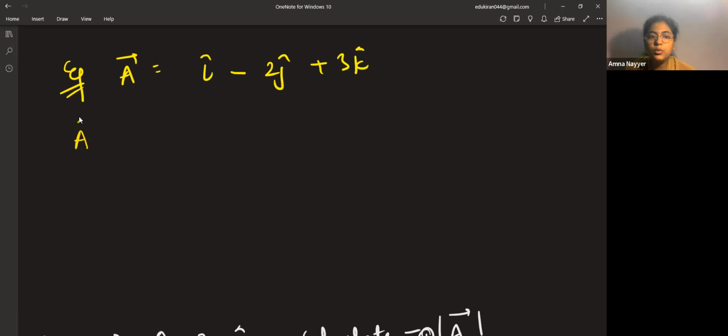How to make a unit vector? I had told you the formula in the last class: take the vector as it is, divide it by magnitude. Now the question comes, how to take its magnitude? If I had just a number, 3 Newton or 3 meter per second, 3 kg, some physical quantity with magnitude 3, the magnitude would have been 3.